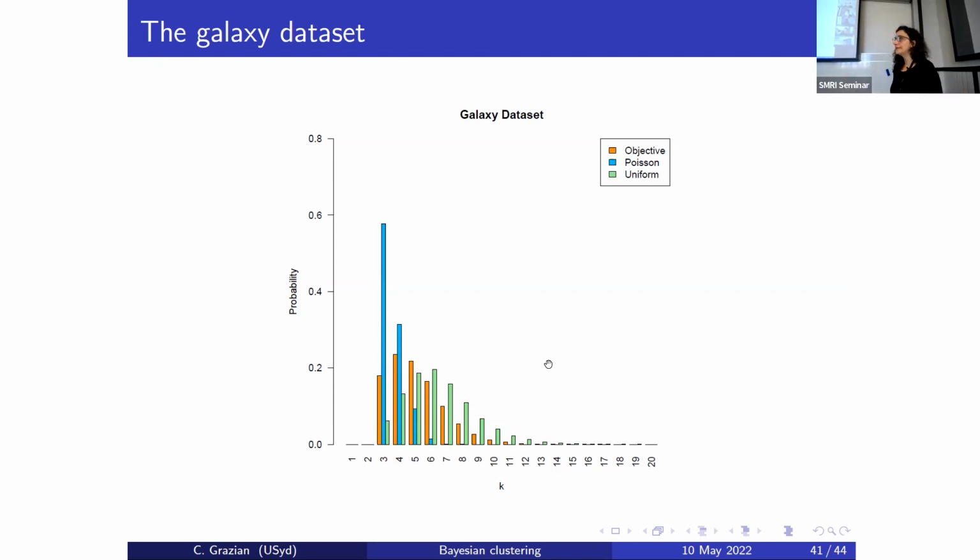What you have is that if you use a decision theoretic approach to pick the allocations, that means defining a loss function on the allocations. So for example, you penalize the fact that 2 observations should be clustered together but they're not, or the opposite, they shouldn't be clustered together but they are.